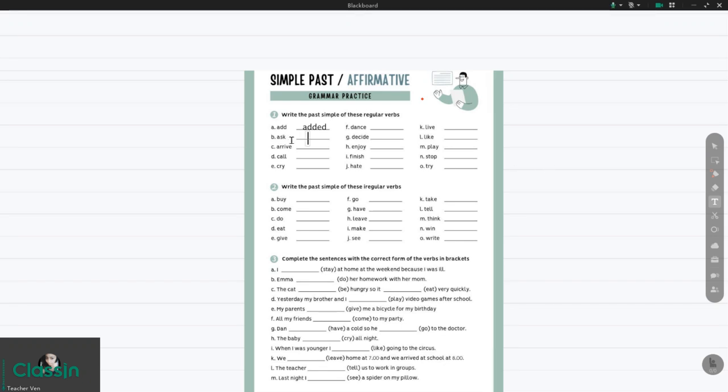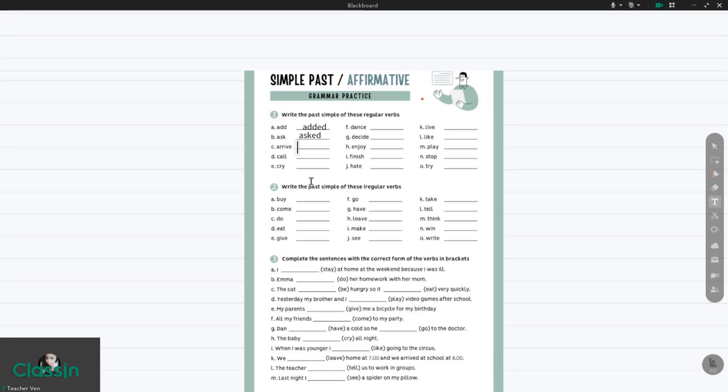Okay, so for letter B, it's ask. So what's the simple past tense of ask? You just have to add ed, right? So it's asked. Okay. So for letter C, it's arrive.